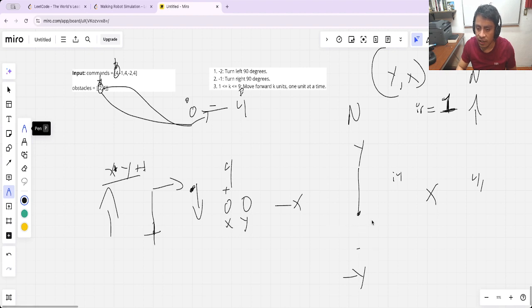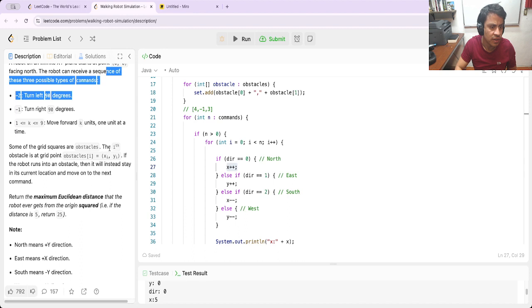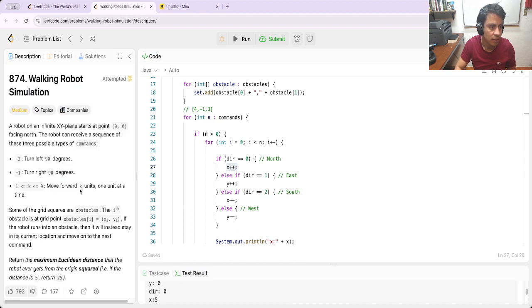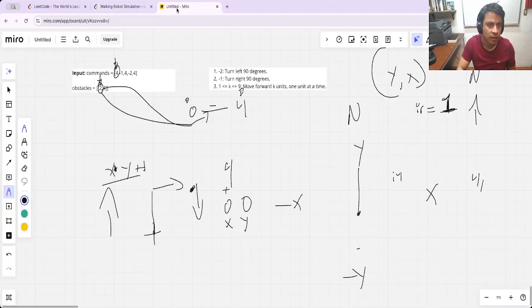Okay, and in this case, for example, the first value is x and y. Okay, the first element is x and the second is y, and I am handling it in the positive way. But well, the first is 0, 0 in this position.